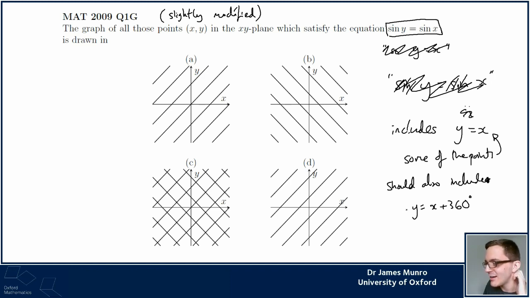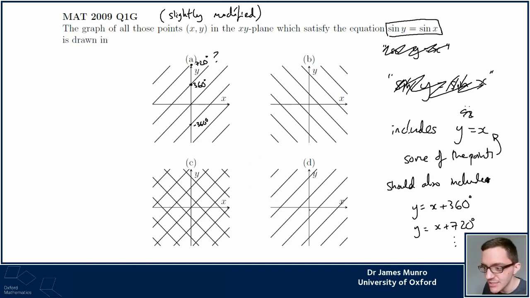Is that enough? Well, I suppose also we could have 720 degrees, or other multiples of 360. So we should have y equals x, and then also y equals x plus 360 degrees, 720. Oh, hang on a minute, that looks a bit like A. I guess these ones are also there, you could have x minus 360 degrees. So it's looking a bit like A, or at least it includes these lines in A.